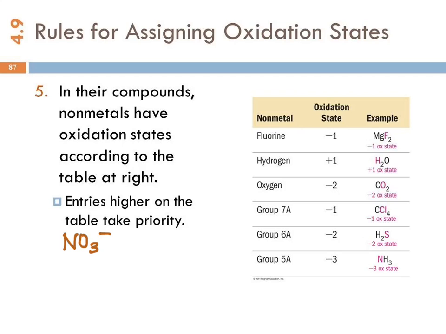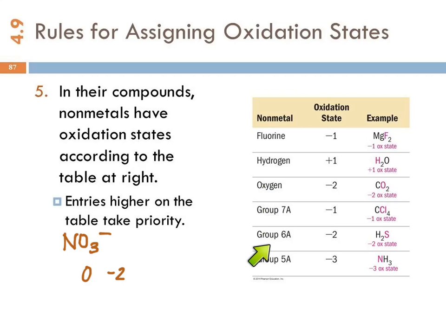And we keep going down the rules, and we get to rule number 5. It says that nonmetals have these oxidation states, but you go in order from top to bottom. So going from top to bottom, the first one we come to that's in this compound is oxygen. So oxygen gets to be -2. So the oxygen has a -2 oxidation number.